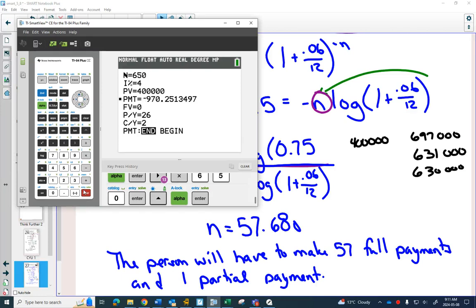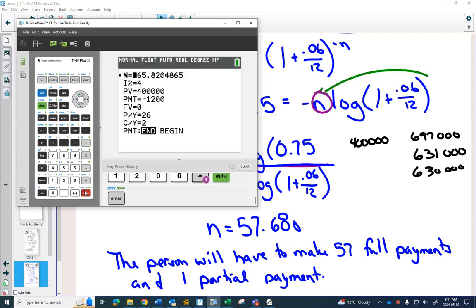So instead of having to pay 1,000 or 970 every 2 weeks, let's say now we can afford 1,200. Well, what's that going to do? That's going to make you have to pay less time. So we were having to pay 650 payments. That's 25 years. Now, we can do it in 465 payments.